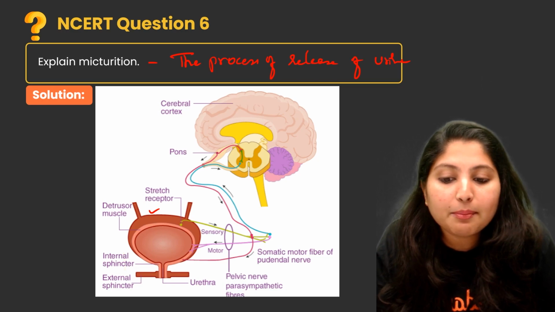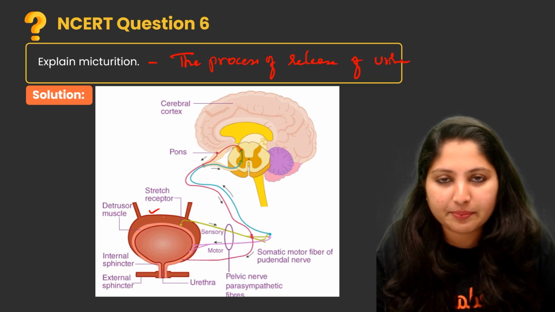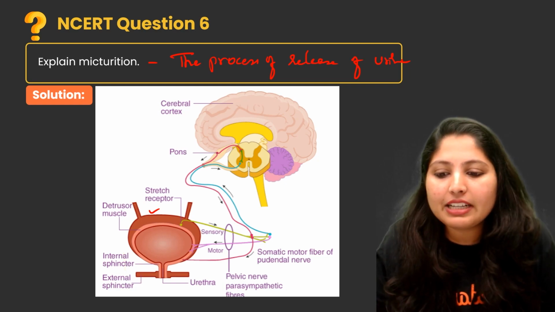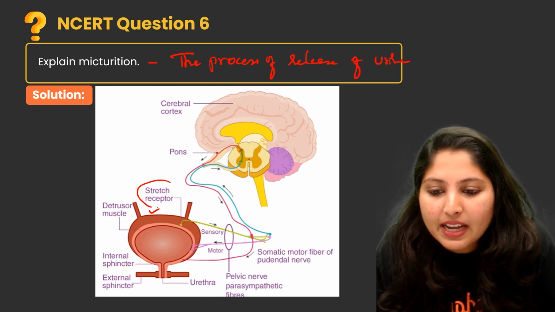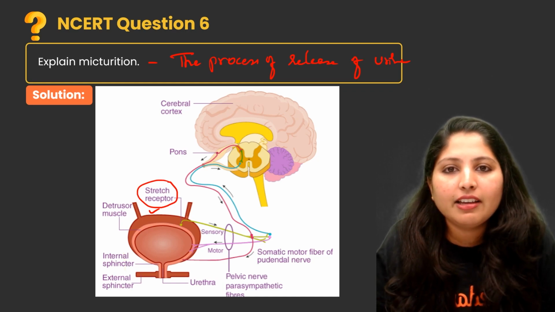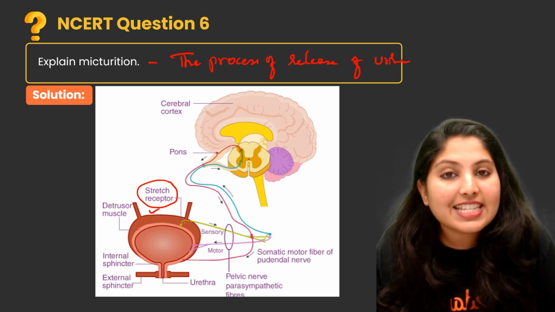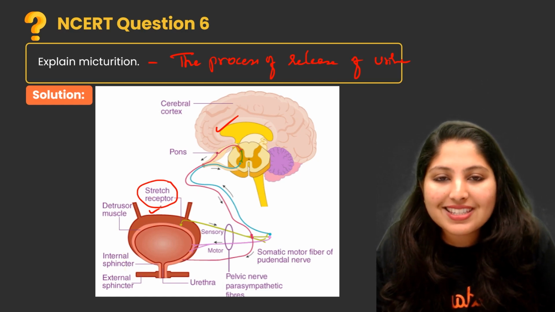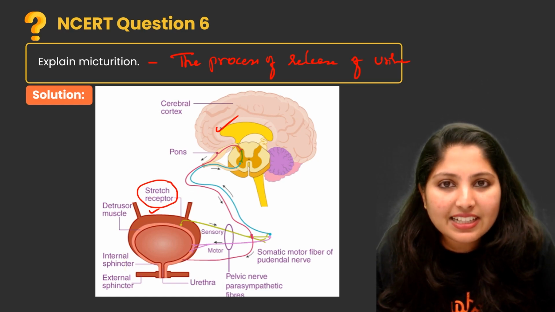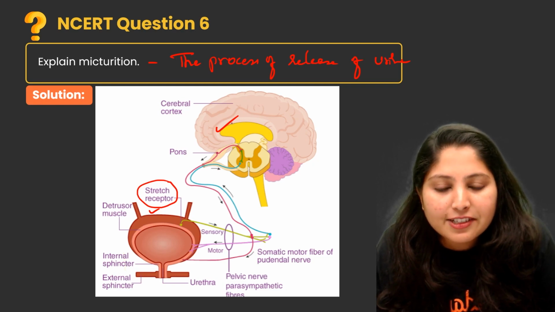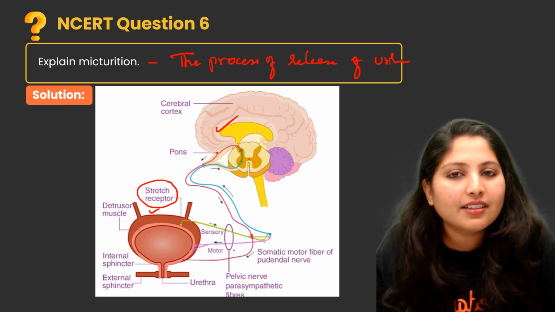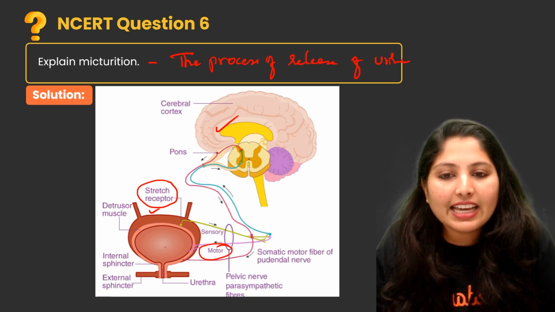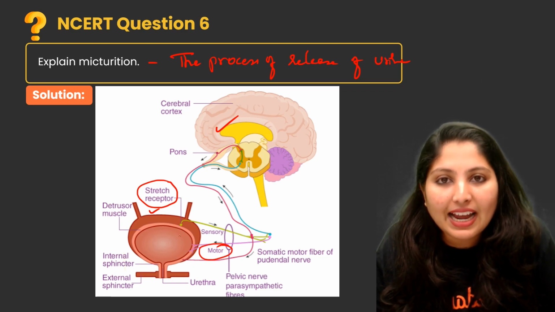When the urinary bladder is completely filled, the stretch receptor present in the urinary bladder gives a signal to the central nervous system. The central nervous system, through motor nerve cells, gives instruction to the bladder.